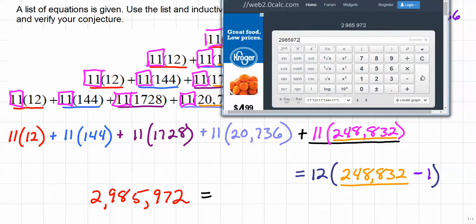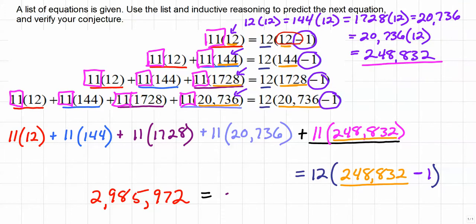So we'll clear this, we'll type in 12, and we will multiply that by open parentheses 248,832 minus 1, close parentheses, left click equal, and you'll see that we get the exact same value of 2,985,972. And so we'll go ahead and write this down over here, and just to confirm that that's exactly what we have gotten, we'll put that in a different color.